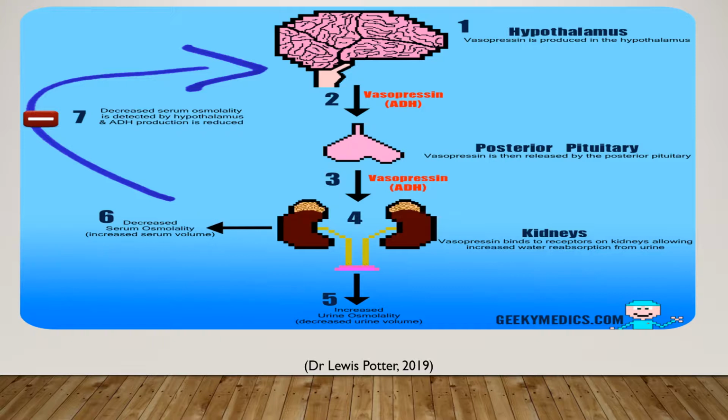So we have the brain, which is the central nervous system, and we have the posterior pituitary, the glands which are there. Then it goes back to the kidney, and then from the kidney again to the central nervous system, where the hypothalamus is. So it's a process.